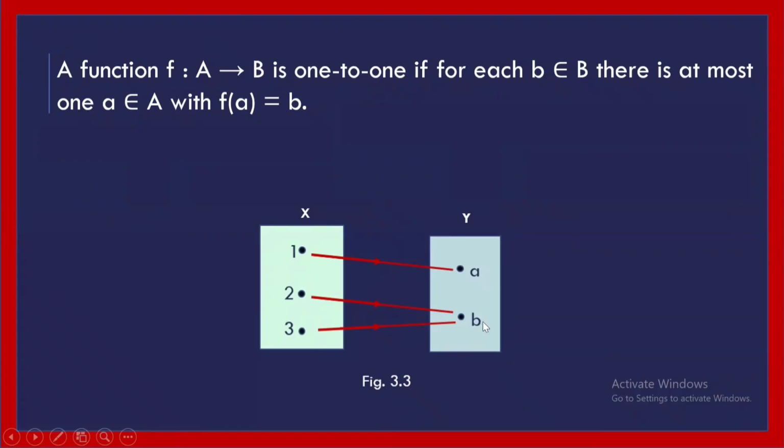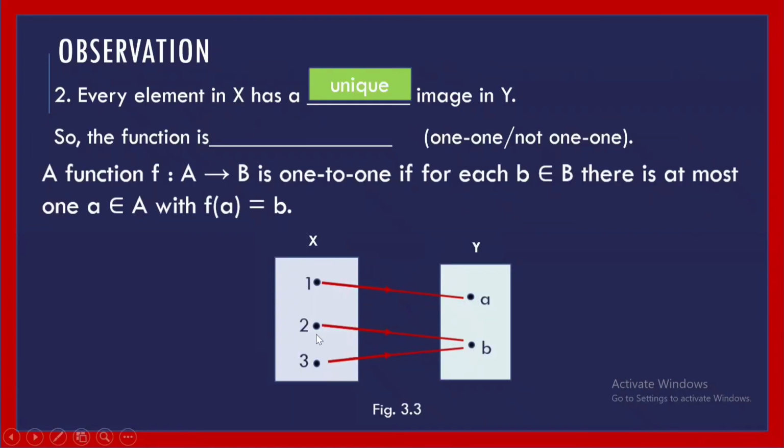For this element B of the second set, I have two elements, 2 and 3, from set X, which give me f(2) is also B and f(3) is also B. So is it a one-one function or not? I should have only one element in X such that f(a) equals b. But here I have f(2) equal to B and f(3) also equal to B. So I can say that it is not a one-one function.